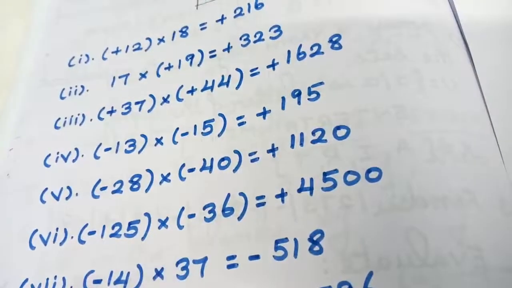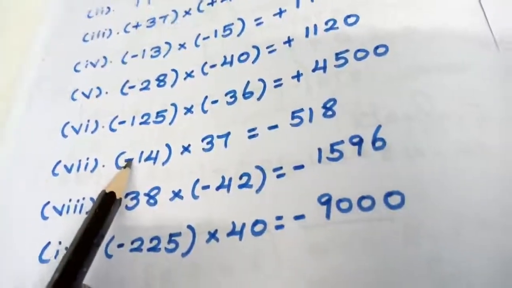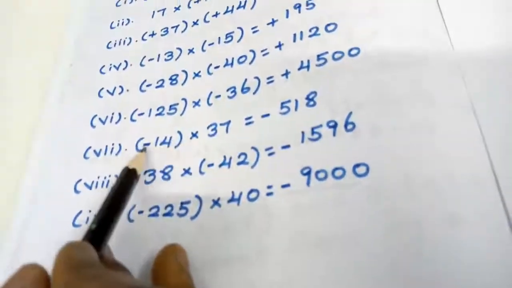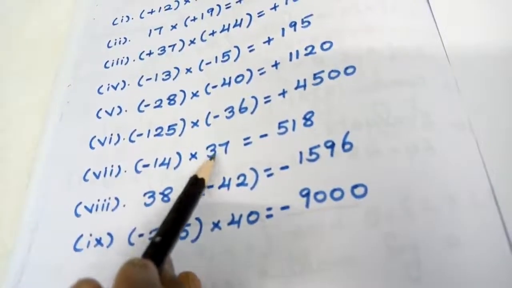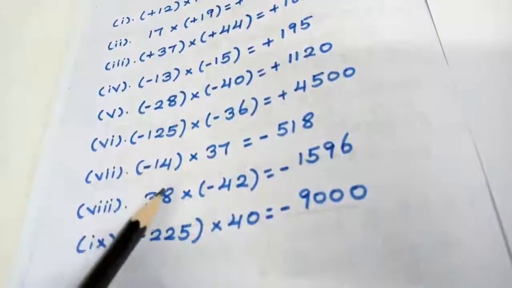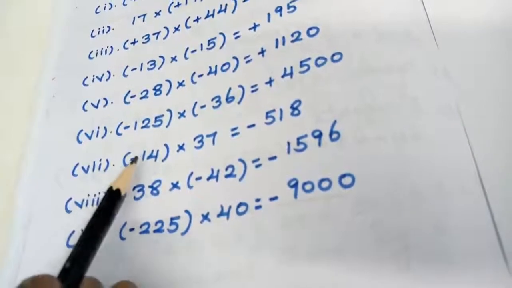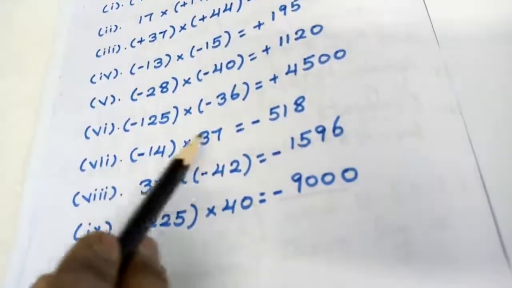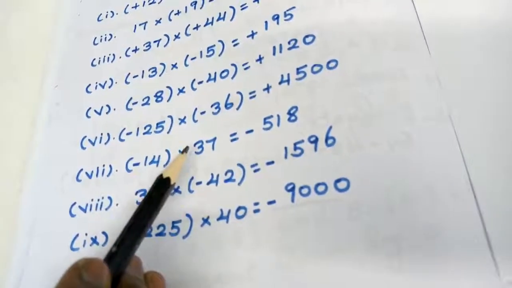Similarly, if I take the 7th question, just see the sign: minus 14 into 37, that is minus into plus, minus. 14 into 37 you will get as 518. So in this way you do the calculation, students. Whenever you get a multiplication, first multiply the sign, then multiply the number. Try this multiplication in your rough work, students.